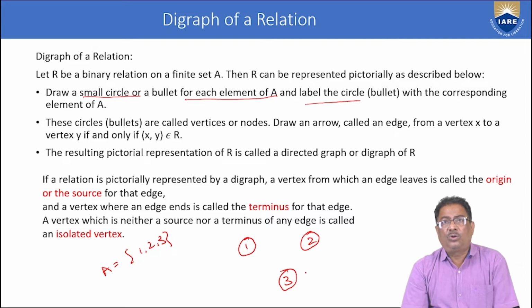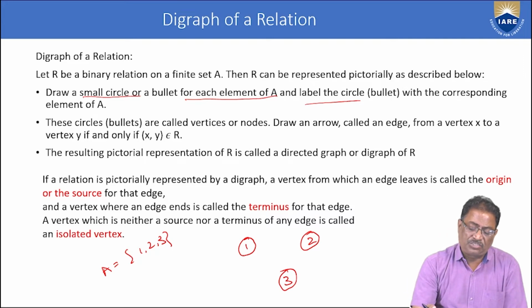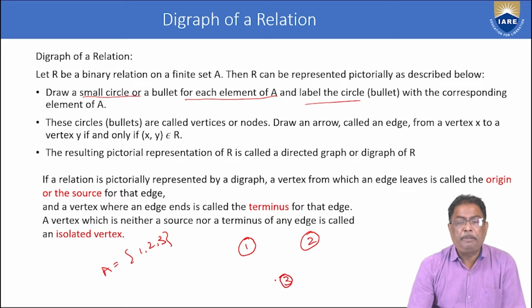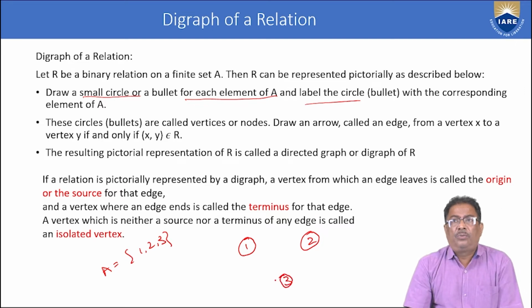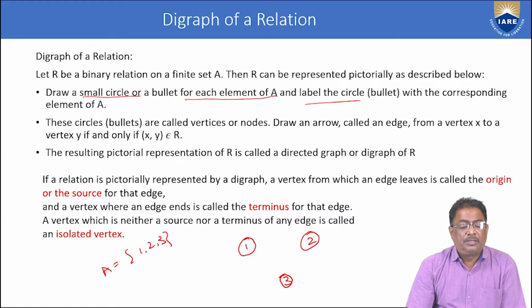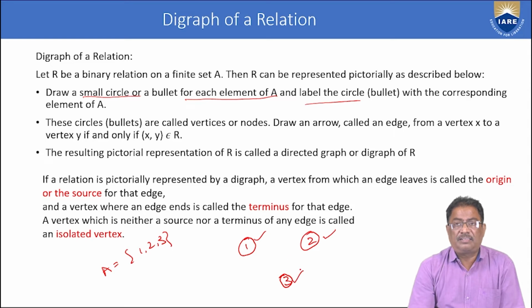These are all very small circles, not large ones, and we label each with the element itself. These circles are called vertices, or nodes.